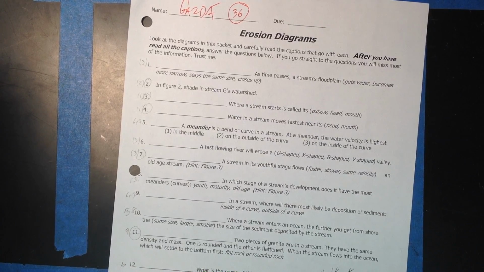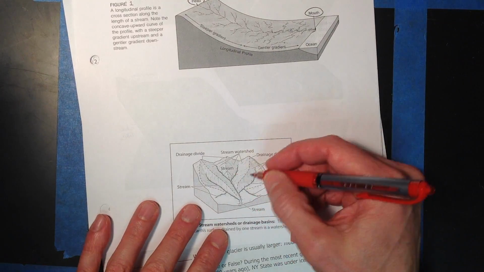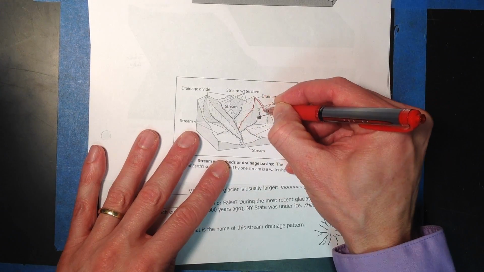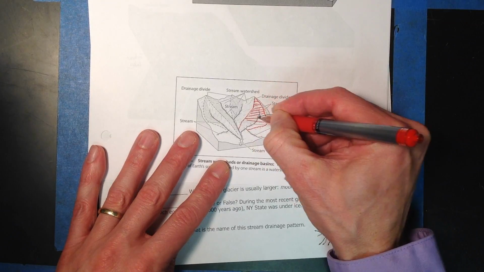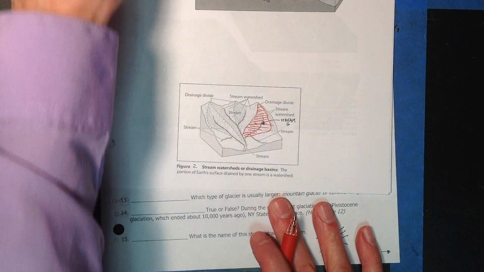Okay, so let me do that. So some may not be that clear. Stream G, the watershed, if I was to shade it in, it would look like this, so this is the drainage divide here. All the land that drains into stream G in this case would be like this. Okay, that's what the watershed is, all the land that will drain into stream G as far as the runoff.